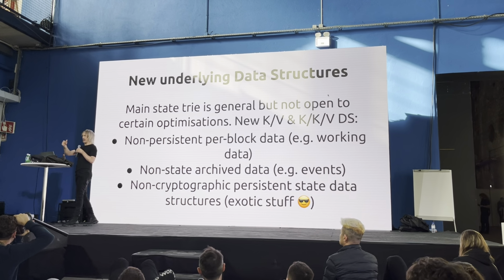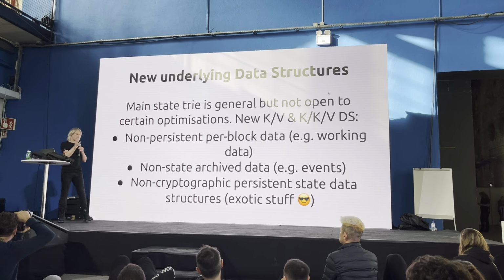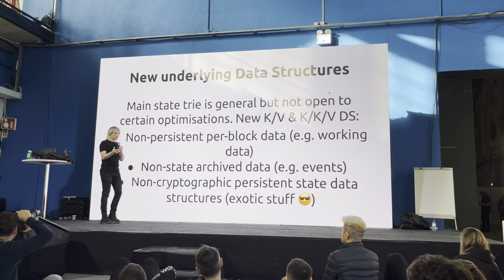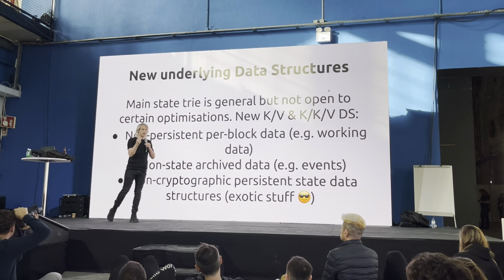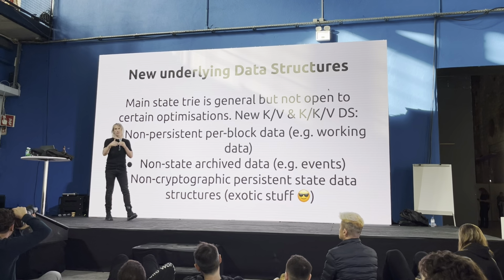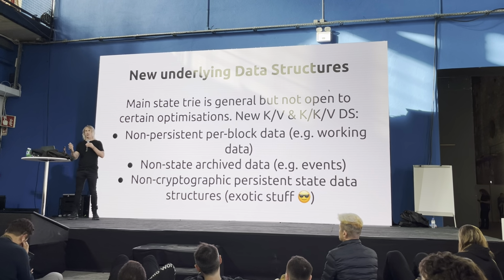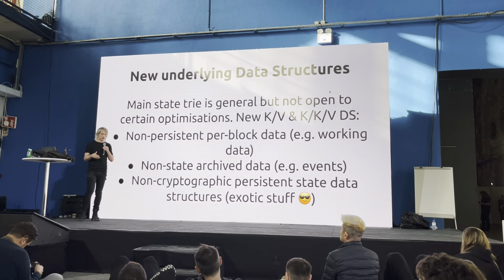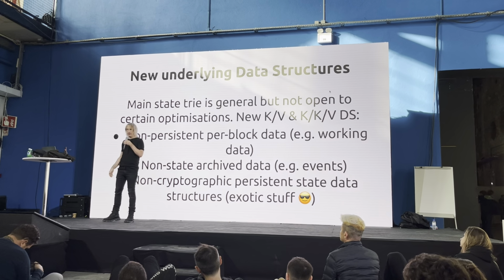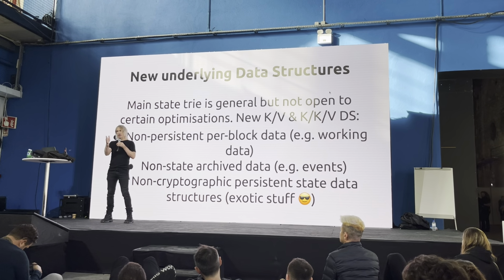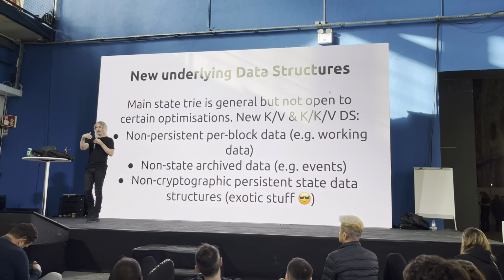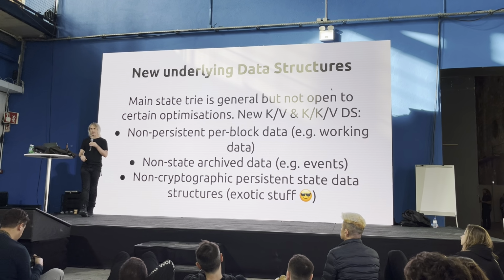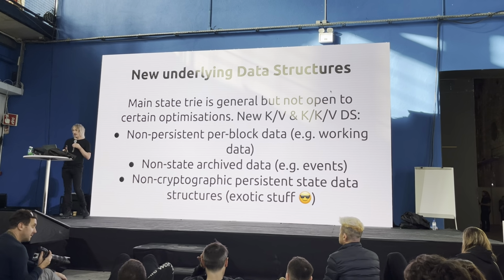So you might have an event like balance transfer, and you want an index so you can easily prove this account did or did not make a balance transfer in this block. Well, you can't really do that at the moment. You just have to list all of the events that happened, and then go through them all and show that none of them implied a balance transfer from this account to that account. That's not very efficient, particularly for light clients.